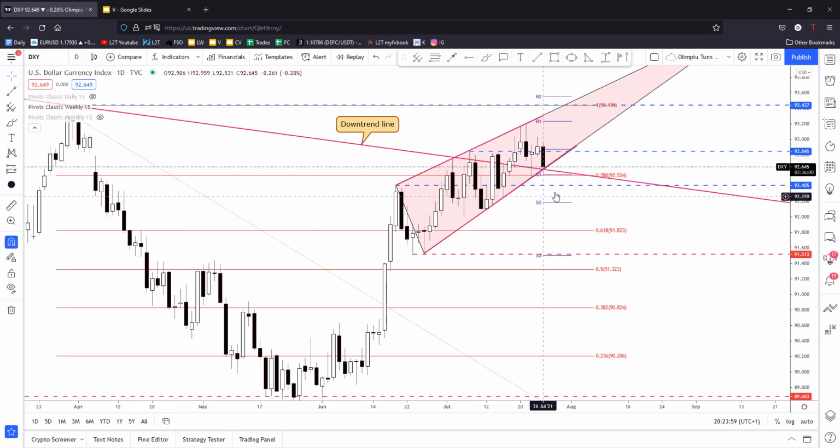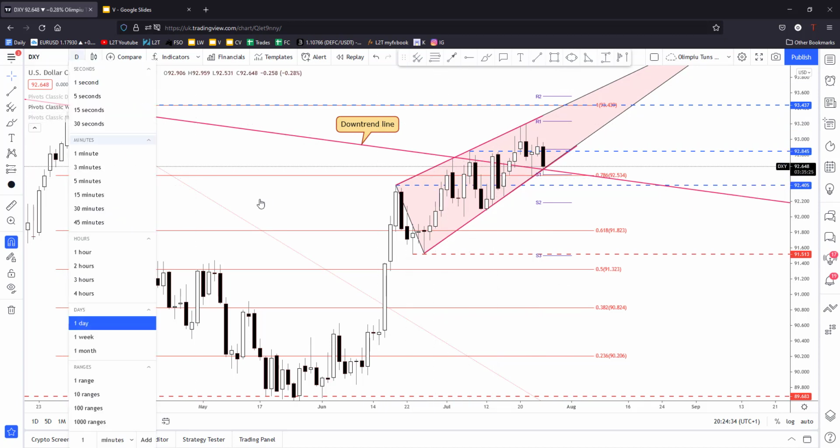Unfortunately, the price of the DXY failed to resume its growth after printing this pin bar, after making a valid breakdown with great separation below the downtrend line. It has failed to stabilize above 92.84, and today failed to stay above the weekly pivot point. Right now it's traded at 92.64, and as I've told you, it continues to pressure the uptrend line and also the downtrend line.